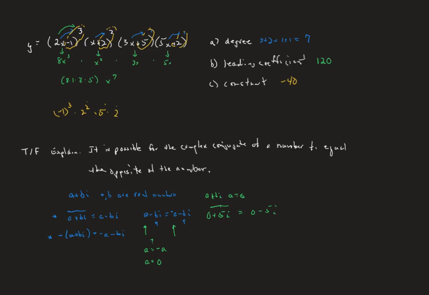And so here is a case where the conjugate is indeed exactly the opposite of the original. So that is actually true. Any pure imaginary number would be an example of that.